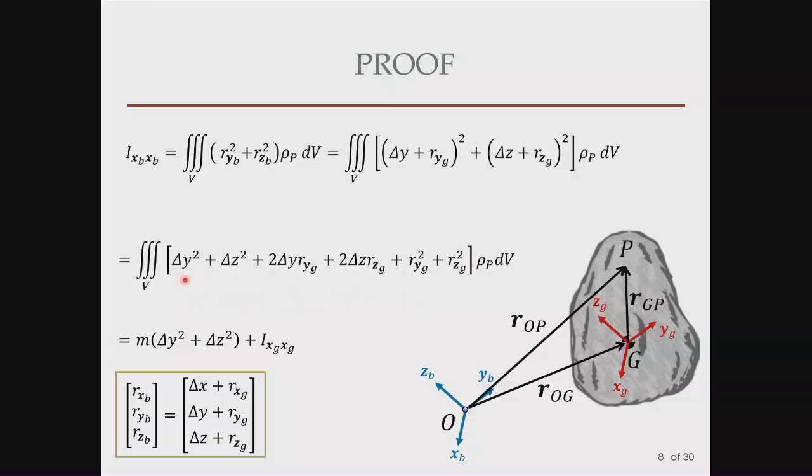This delta y, delta z are constants, if you think of these in the body-attached frame F. Because they are constants, I can take them out of the integral, because just point P is moving as I integrate throughout the volume.